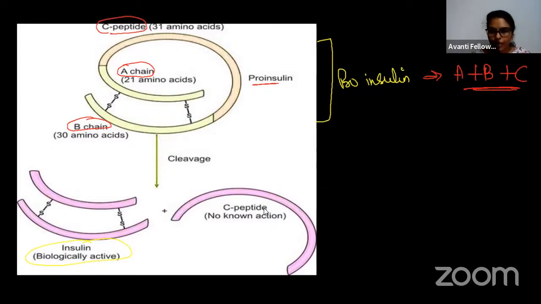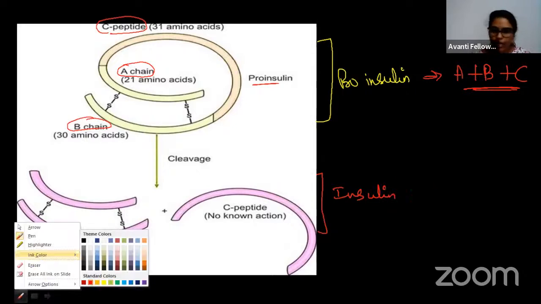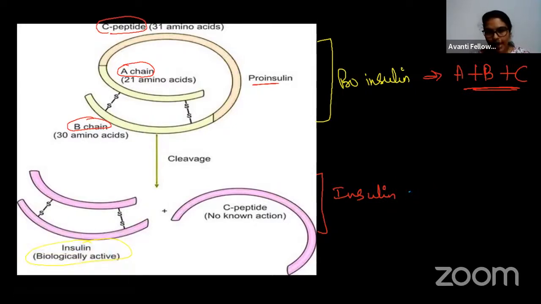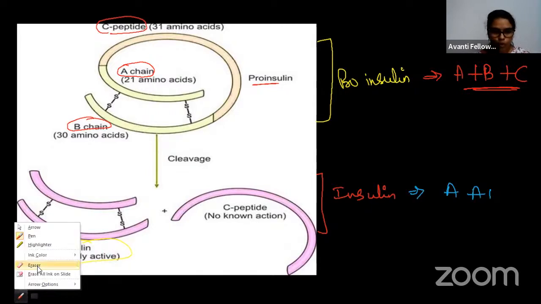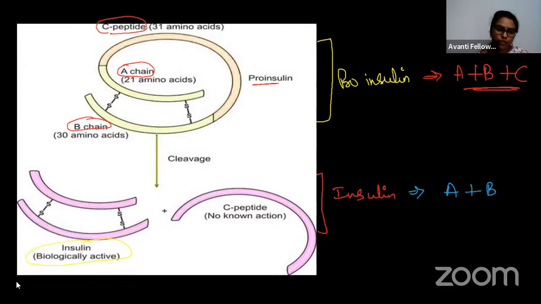ठीक है, अभी इंसुलिन में क्या होता है? फिर इंसुलिन में what do you see in the insulin? In the insulin you can see only A plus B, but minus C. That means there is a removal of C. ठीक है, so what is the verdict of this?